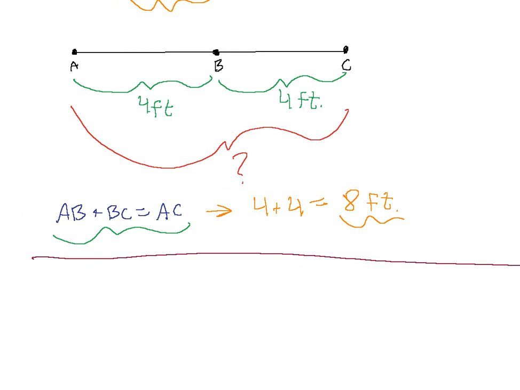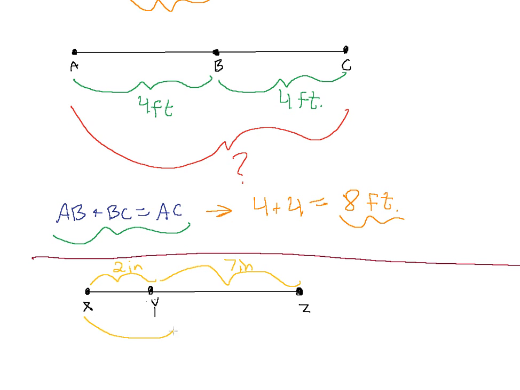So let's go ahead and look at the next one. Let's say we're given another line segment. This is point X. We have a point here called Y, and I'm sorry, that's supposed to be a Y. This is point Y, and the other endpoint is point Z. We're told that this distance here is 2 inches, and this distance right here is 7 inches.